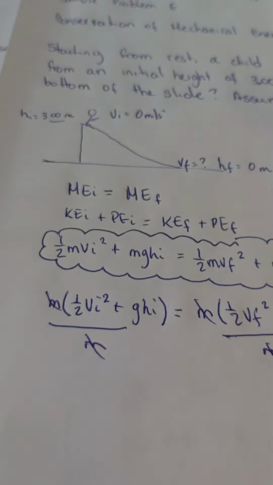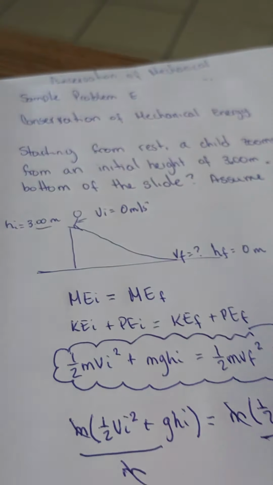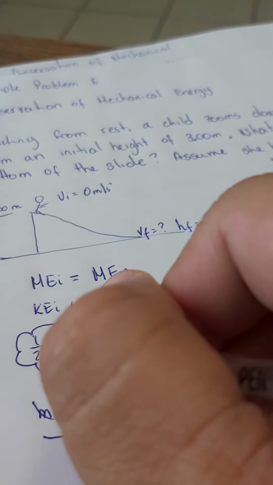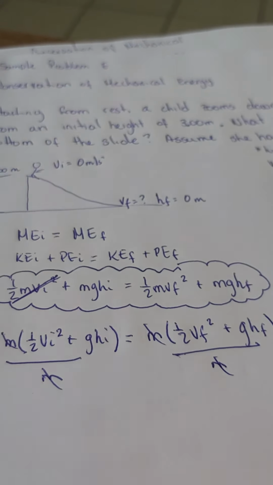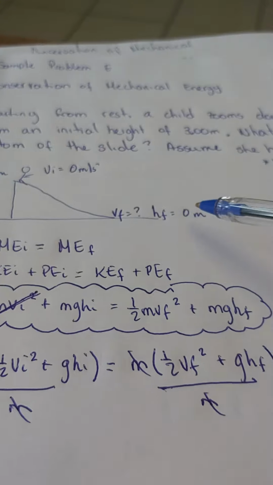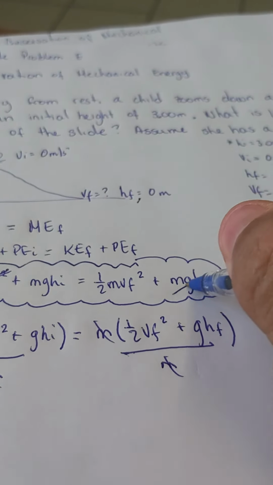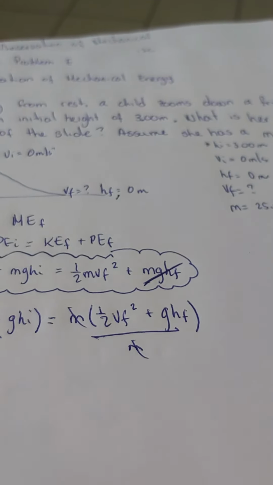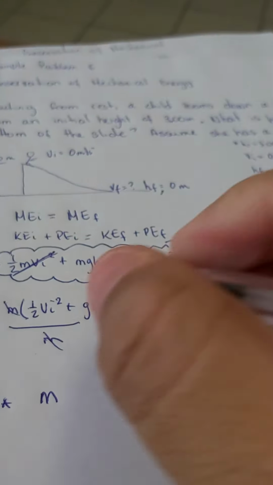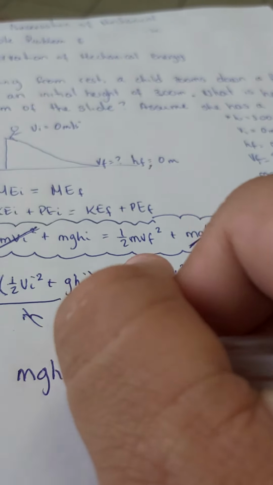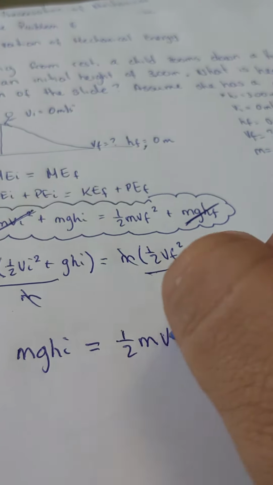Now, the initial velocity is 0, so we can cancel this term because 0 times anything is equal to 0. And final height is 0, so we can cancel this part over here. So what do we get? Mass times gravity times initial height is equal to 1/2 mass times final velocity squared.